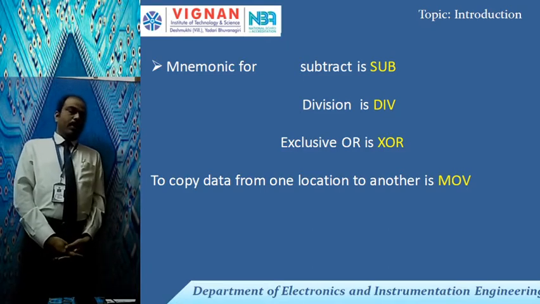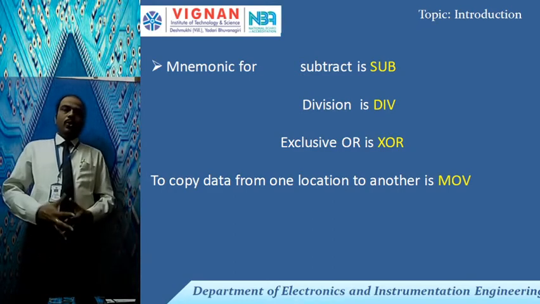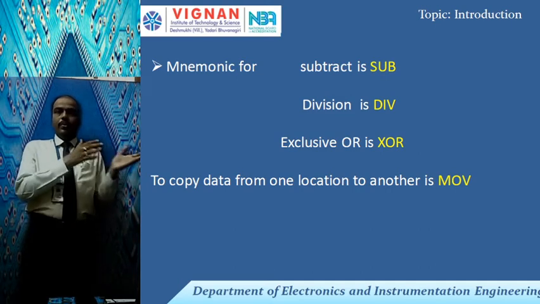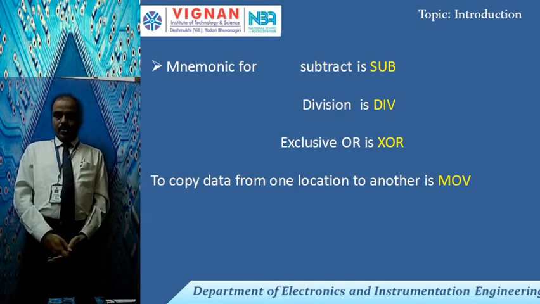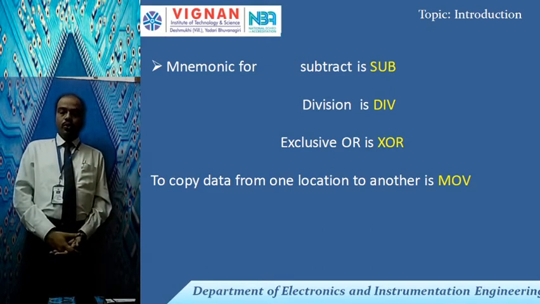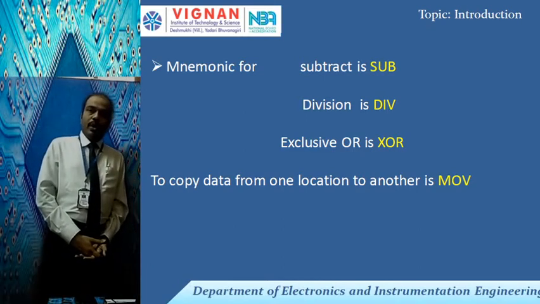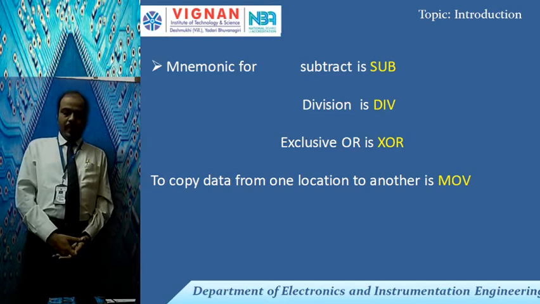So what are the mnemonics? If you want to perform a subtract operation, like x minus 1, or 3 minus 1, for subtract you have to write an instruction. In this assembly language, we can write the first 3 letters of subtraction, that is SUB. SUB is nothing but the mnemonic for subtraction. In a similar way, if you want to go for division, DIV.